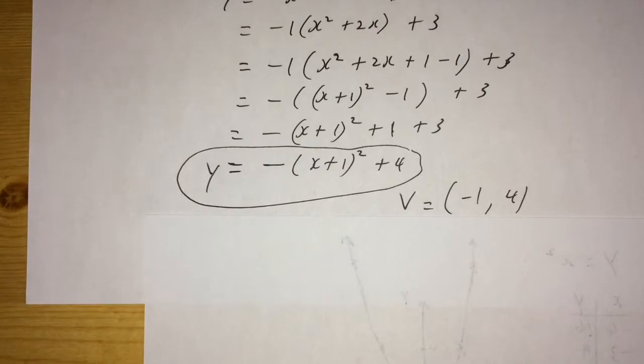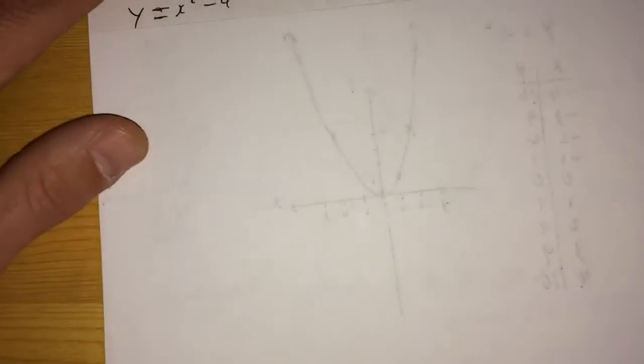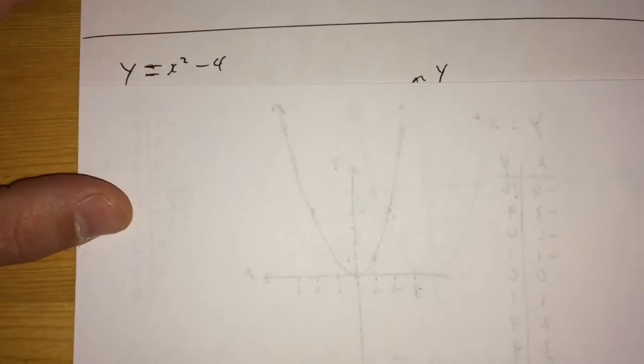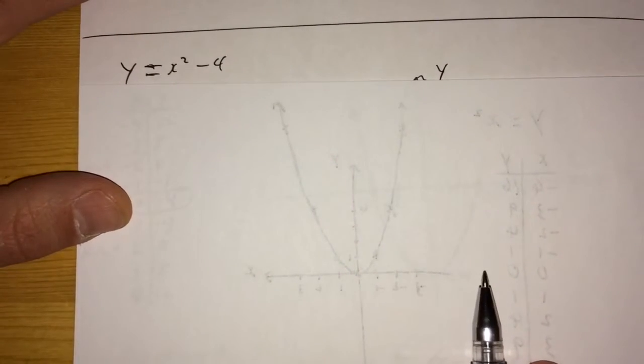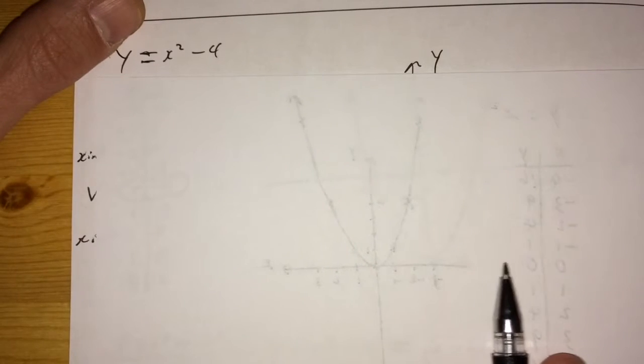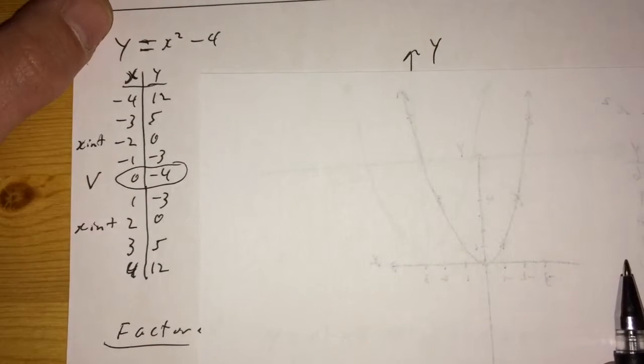Take a look at one more here. This one, y equals x squared minus 4. This is a difference of squares, and when you do the table of values, it looks like this.